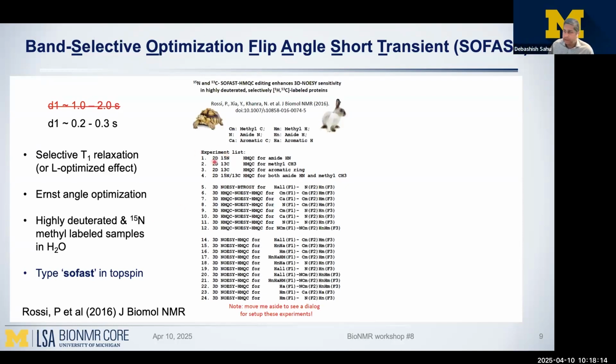Let's say you just want to run an amide HNHSQC, you type in 1 as an input. Once you type that, it'll set everything up for you, and then you can just do RGA and ZG. Okay. So basically, this list of experiments not only has amide, it also has methyl, and experiments for assigning aromatic rings. And here is the guide for it.